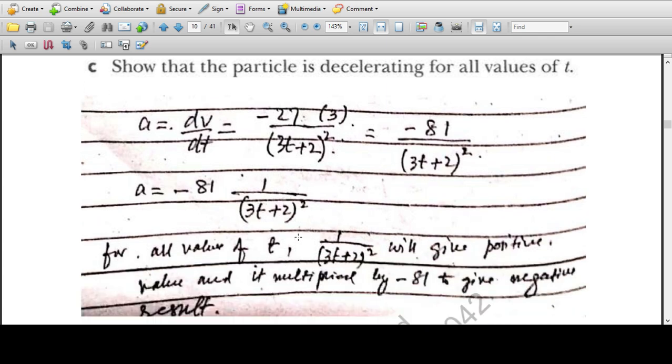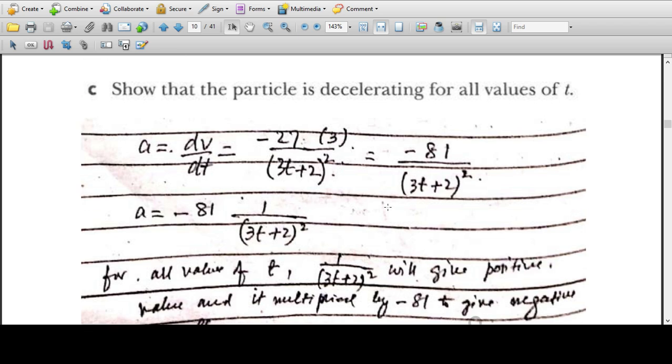We can see that the squared term is always positive, and multiplied by the negative term, it gives a negative acceleration for all time. So for all values of t the particle is decelerating.